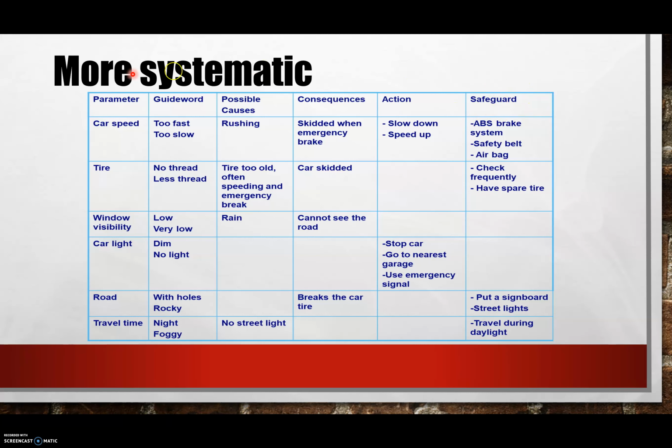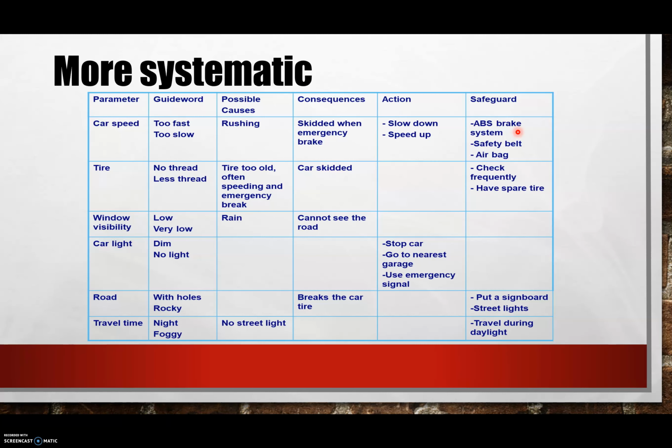The car manufacturers already identified speed as a hazard. So to prevent the consequences, to prevent the accident, they developed more advanced brake systems, safety belts, and airbags. Currently, MPVs even have 6 to 8 airbags inside the car.